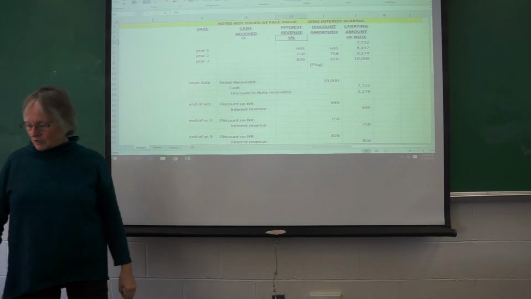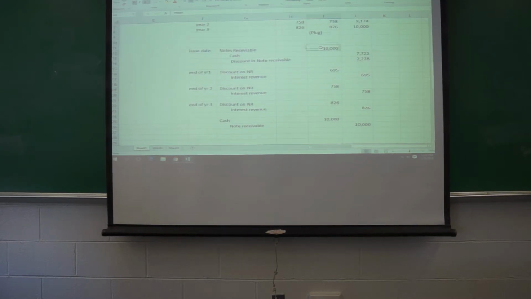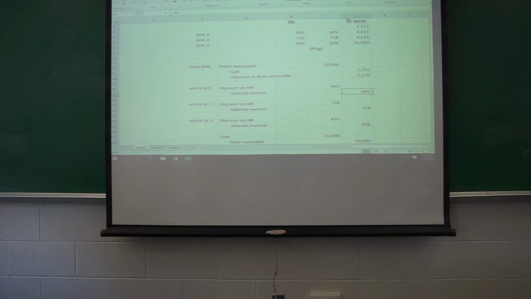So for the journal entries, when we get the note receivable, it comes on the books at $10,000. We lend out the 7,722 in cash, and we have the discount on notes receivable. Then at the end of year 1, we recognize $695 of interest revenue. The carrying value goes from the 7,722 up to the 8,417, and we compute the 9% on the 8,417.